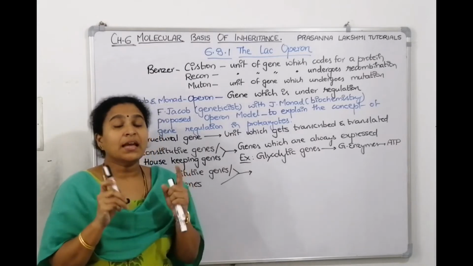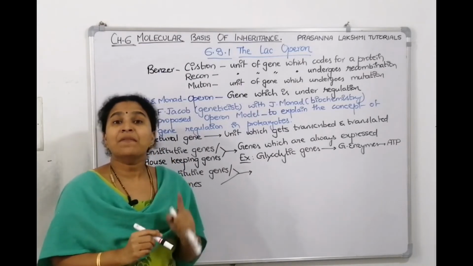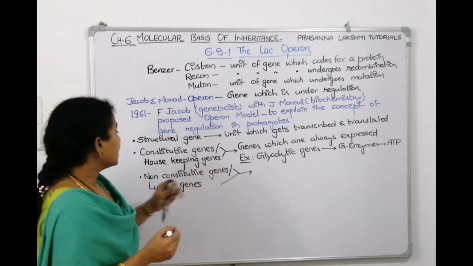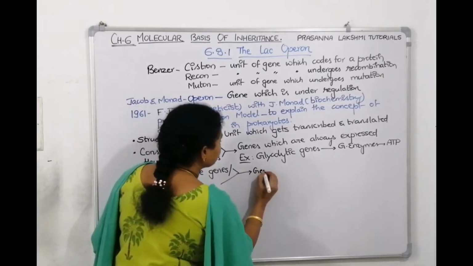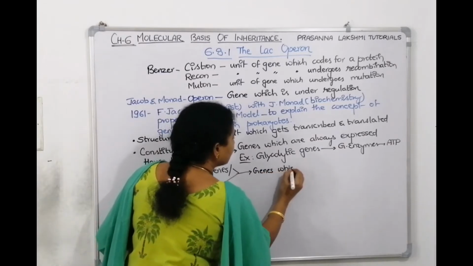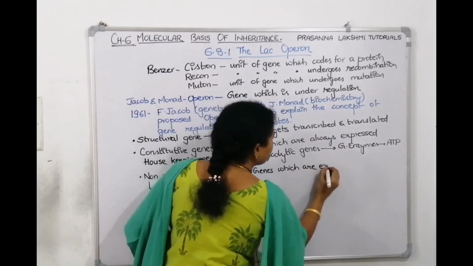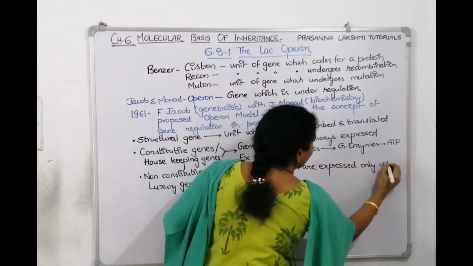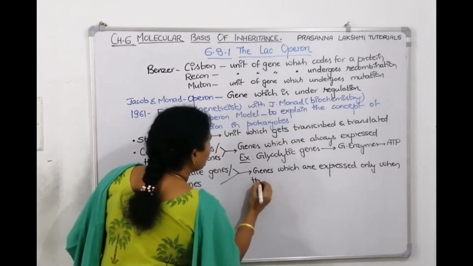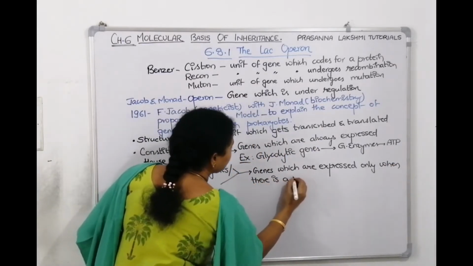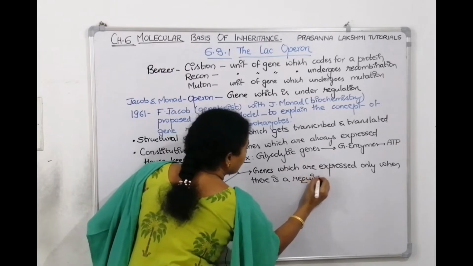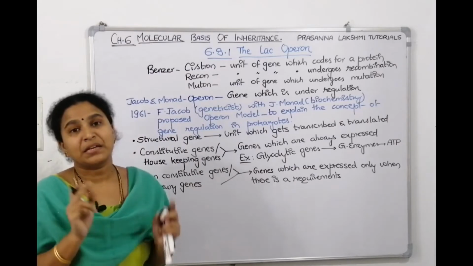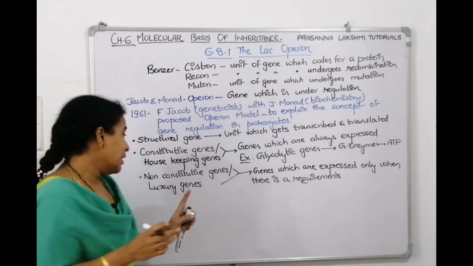Luxury genes means they are expressed only when there is a requirement by the cell. So, these are expressed always, whereas luxury genes are genes which are expressed only when there is a requirement. The genes which get expressed only when there is a requirement are non-constitutive genes, called luxury genes.